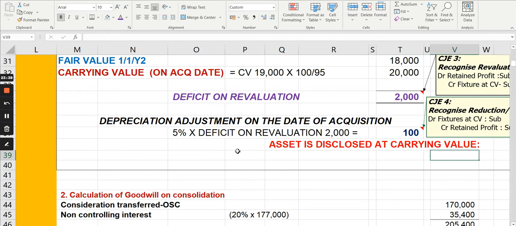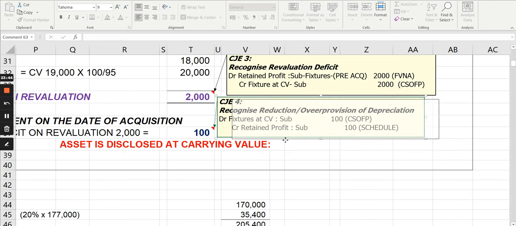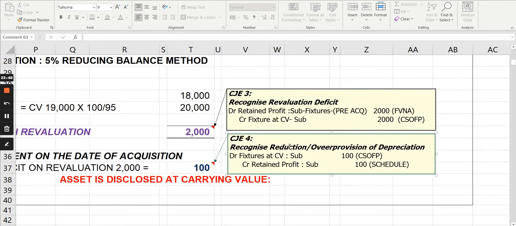Next, the consolidation adjustment. This is CJE or Consolidation Journal Entry number 4, which is to recognize the reduction or the overprovision of depreciation. So you need to go and reduce your retained profit. How do you reduce?